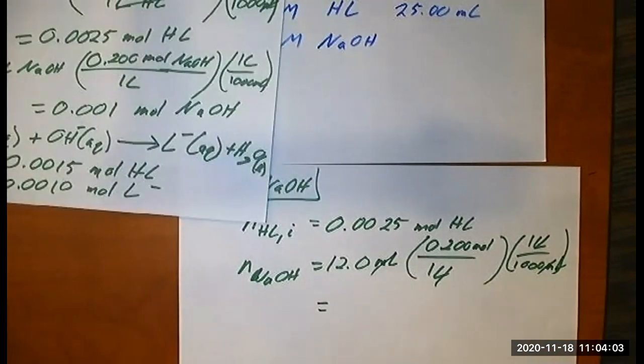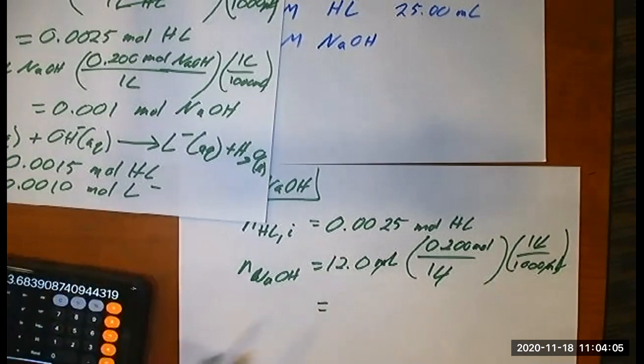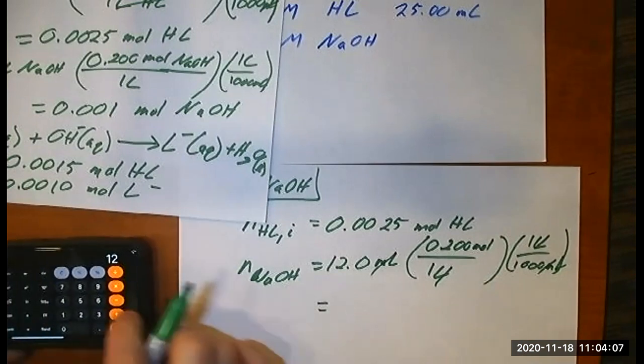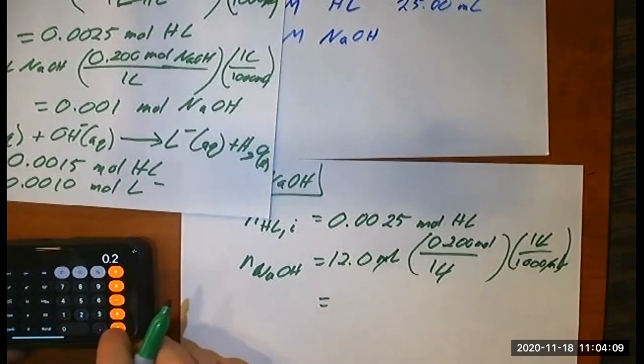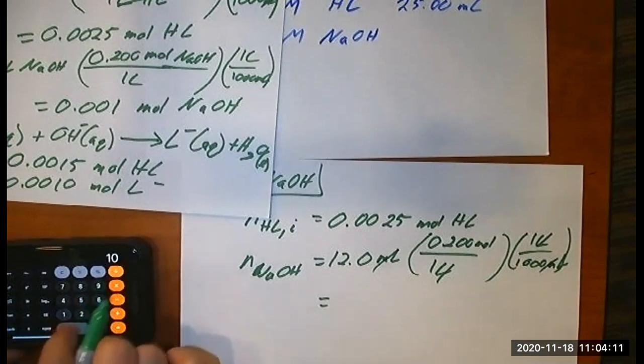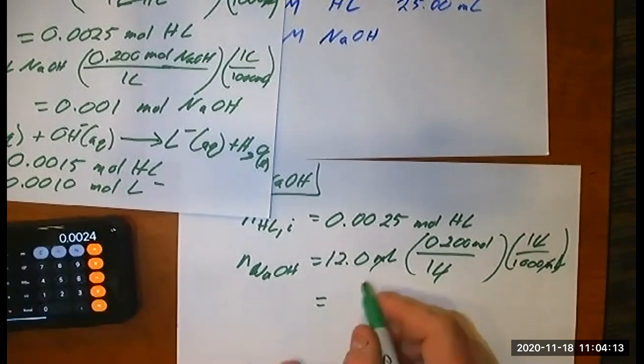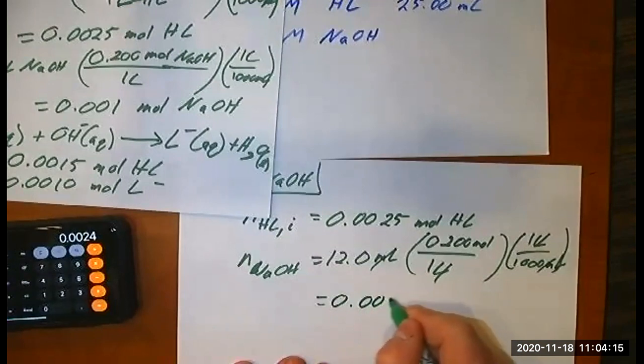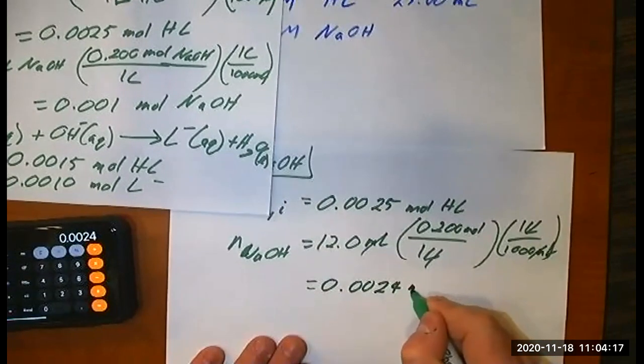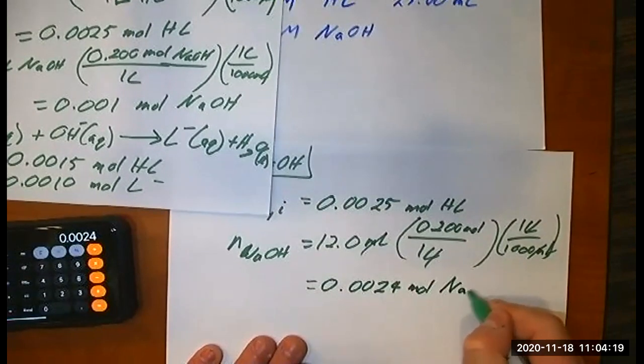So 12 times 0.2 divided by 1,000, and we get 0.0024 moles of sodium hydroxide.